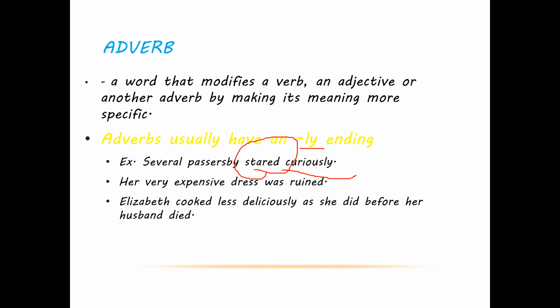Her very expensive dress was ruined. So, identify natin dito, asaan yung adverb? Okay. So, sabi dito, an adverb can modify an adjective.